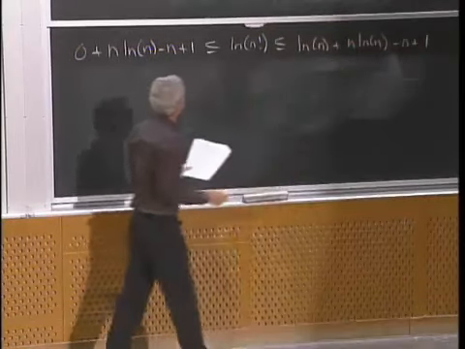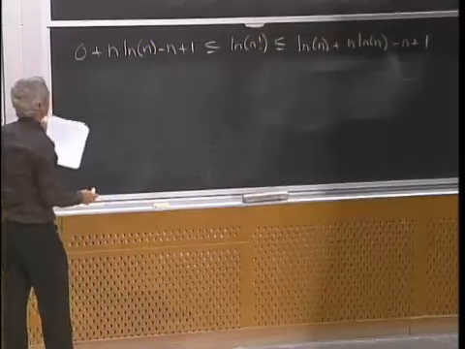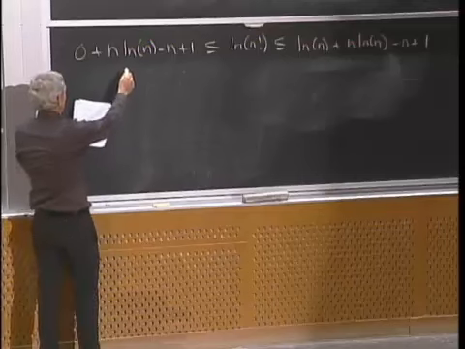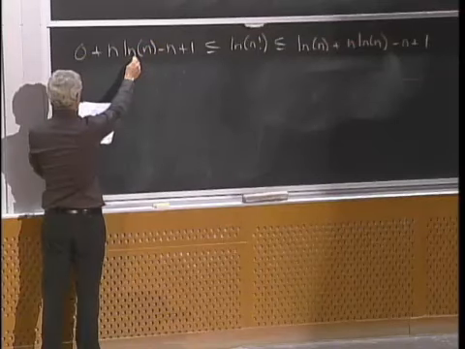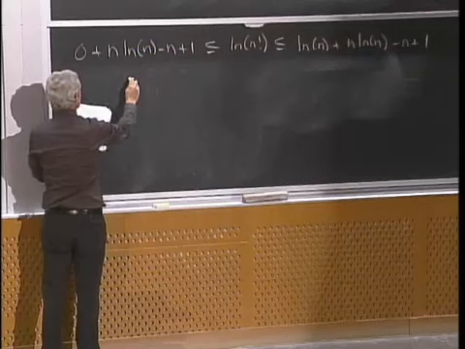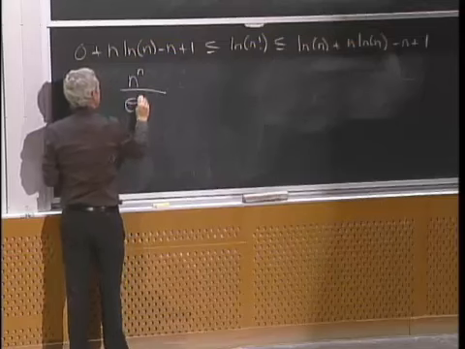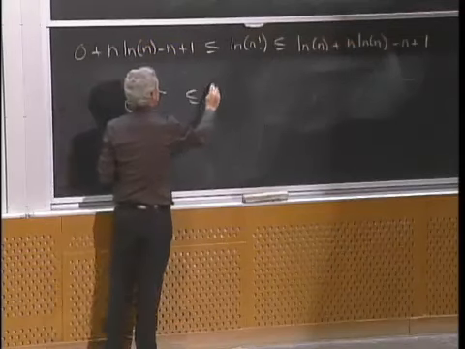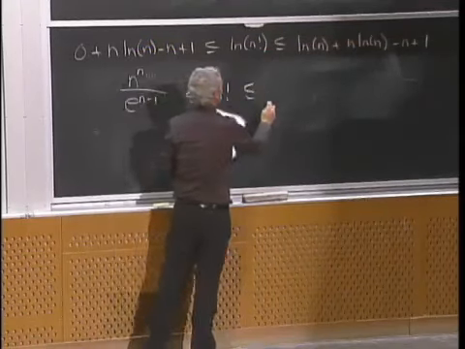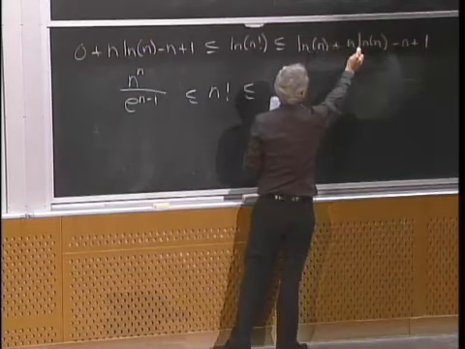Okay. So to get bounds on n factorial, we just exponentiate both sides. So I take e to this, and that's going to give n to the n here. And then this is negative, that'll be e to the n minus 1. And here I've got n plus 1 times the log of n.